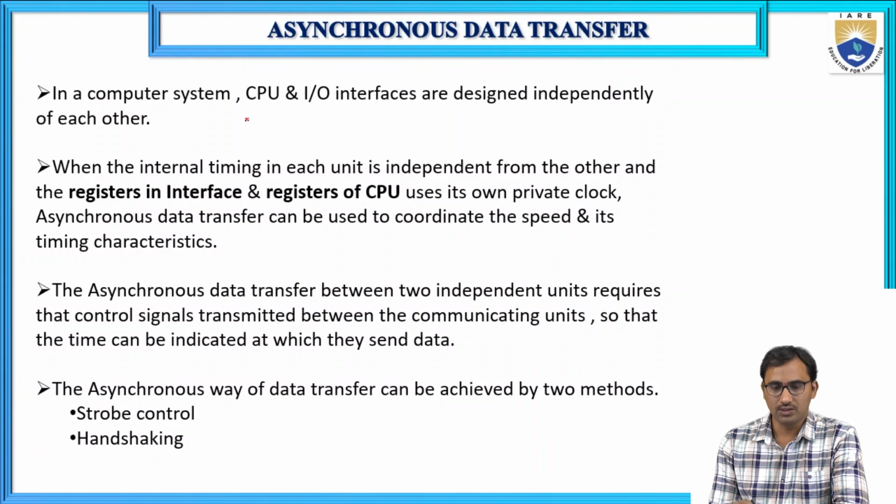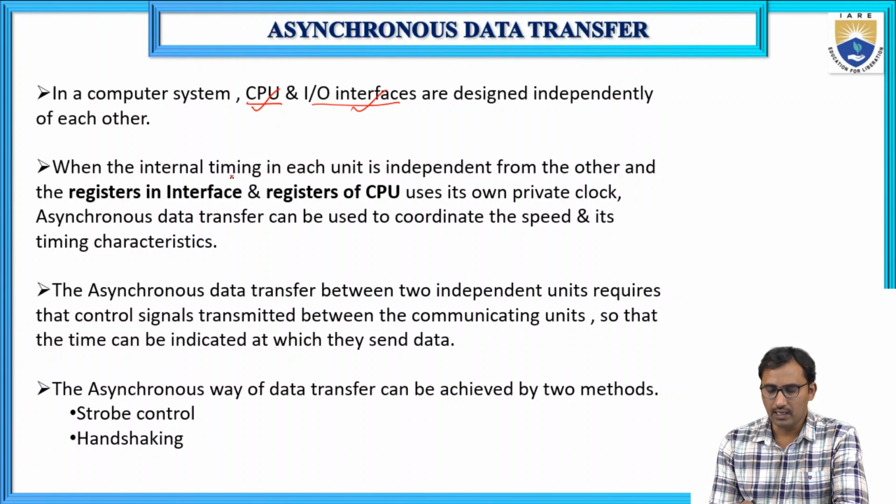In a computer system, the CPU and I/O interfaces are designed independently of each other, because a computer mainly consists of three components: the CPU, the I/O subsystem, and the memory subsystem. Out of these three, the CPU and I/O interface develop independently.